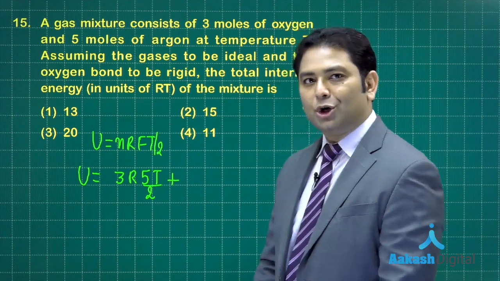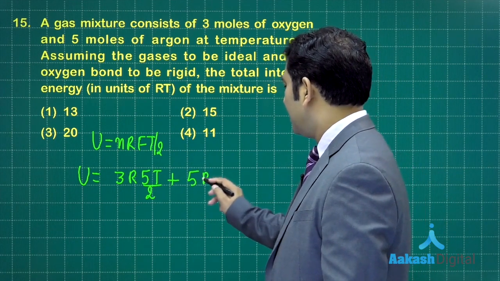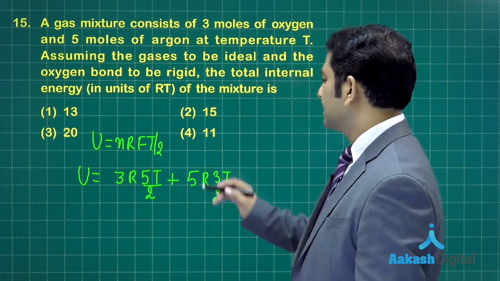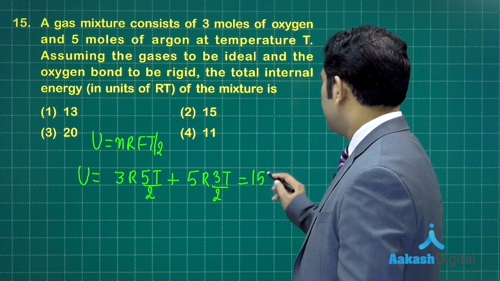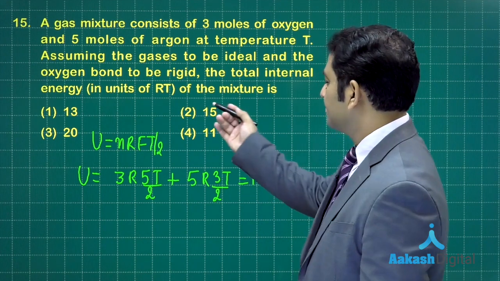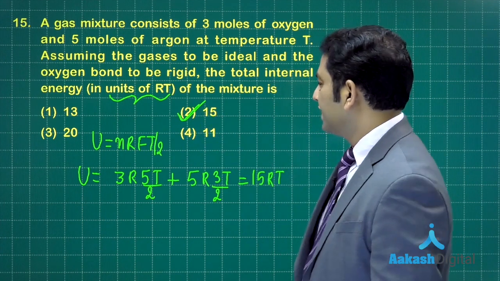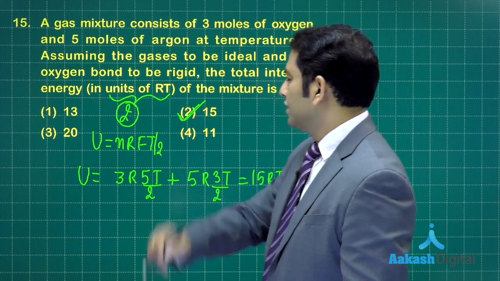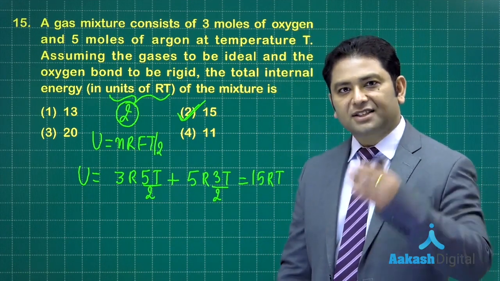Argon being monoatomic, the total number of moles is 5, R, 3T divided by 2. So now that's simply going to be equal to 15RT, and in the units of RT, 15 would be the correct answer. So option number 2 is the correct answer for question number 15. Let's proceed further.